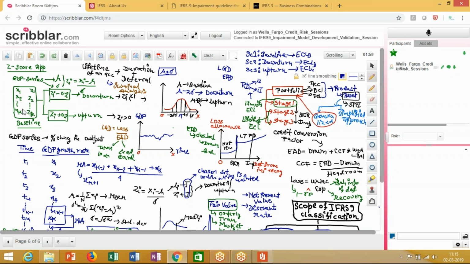So basically, let's say we design an adverse scenario. What is going to be the output? I need to know the equation that connects the respective macroeconomic variables, and that's where your time series model comes into play.